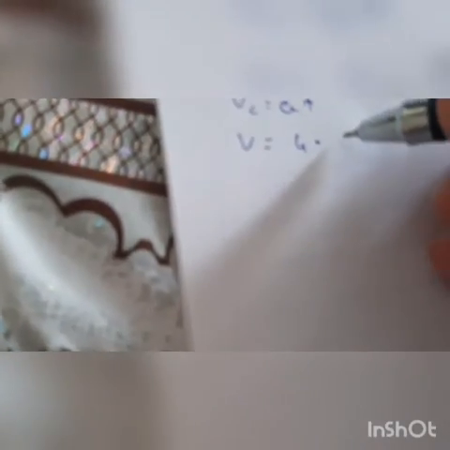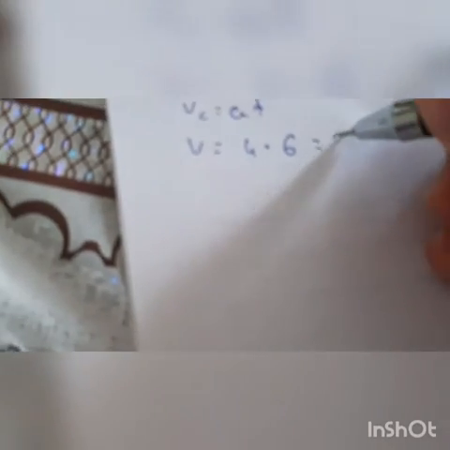We write this formula: v equal to v initial plus a t. The initial is 0, we know it, so v equal to a t, and v equals 4 acceleration times 6 time, and coasting velocity is 24 meters per second.